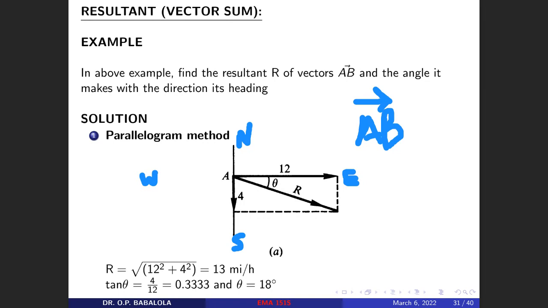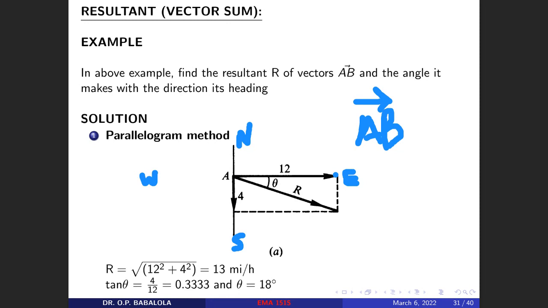And it's sailing, remember, downward, so it's southward. The current is downward, which is southward, and the boat is sailing eastward, from A to this point. All right. Now we want to find the resultant between these two vectors.